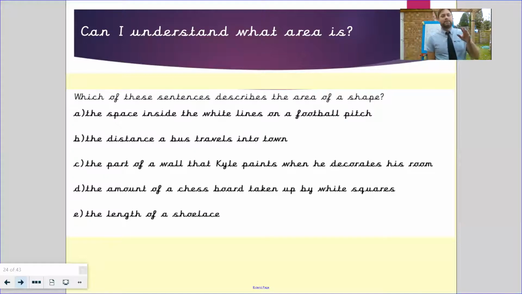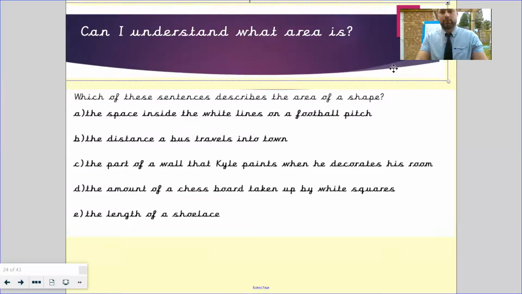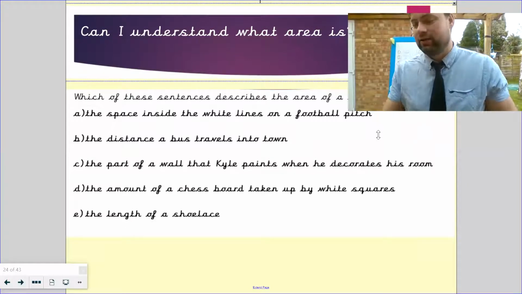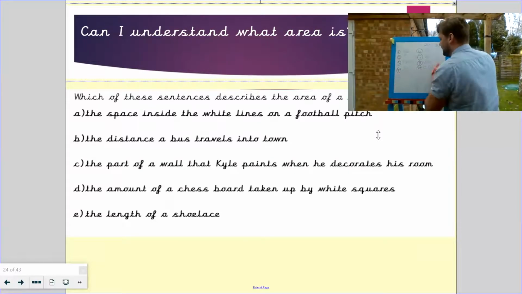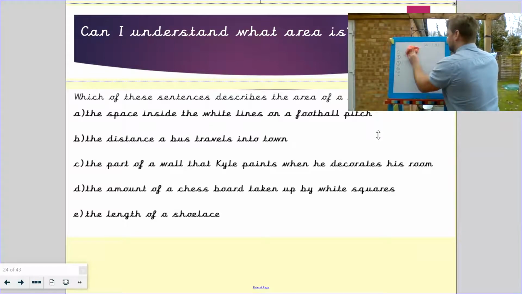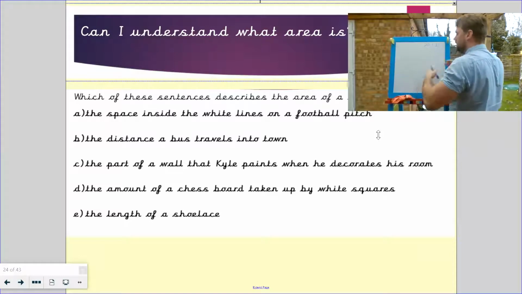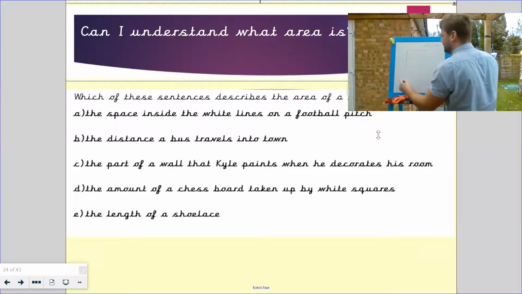Okay, welcome back. So let's have a look at how you've done. So A, the space inside the white lines on a football pitch. Well, if we draw out a football pitch on the board very quickly. It says the space inside the lines on a football pitch. So let's imagine I draw out my football pitch.